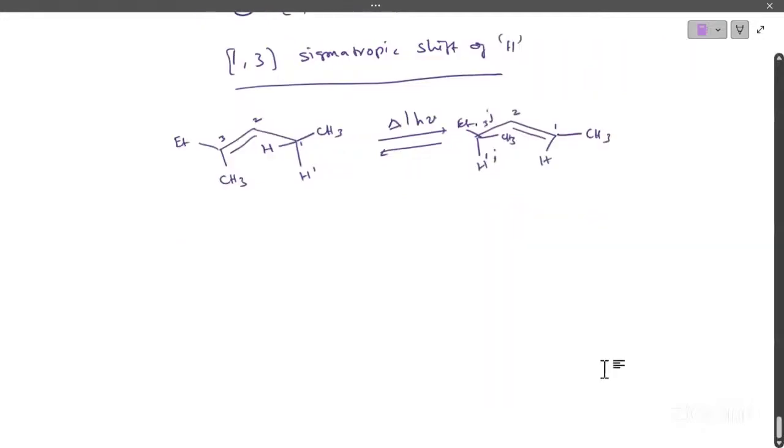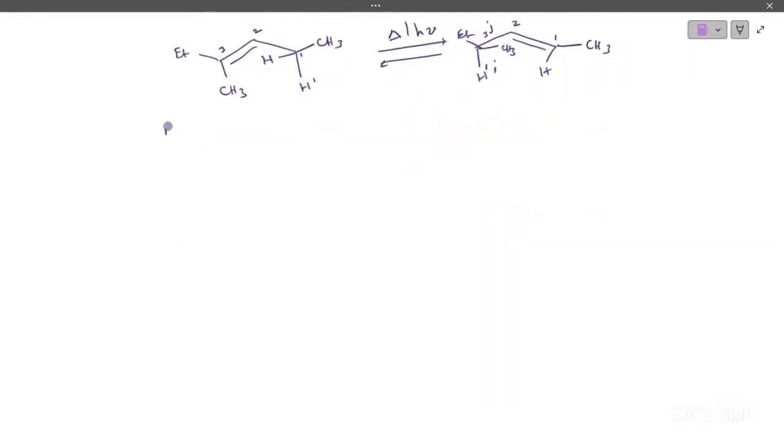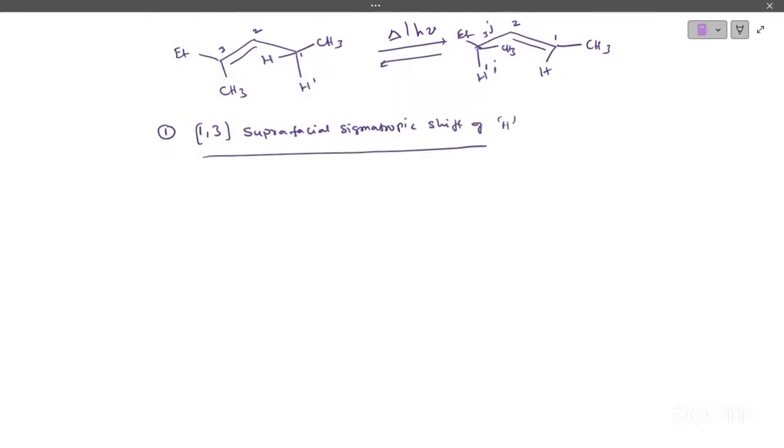There, the first stereochemical mode is the 1 comma 3 suprafacial sigmatropic shift of hydrogen.